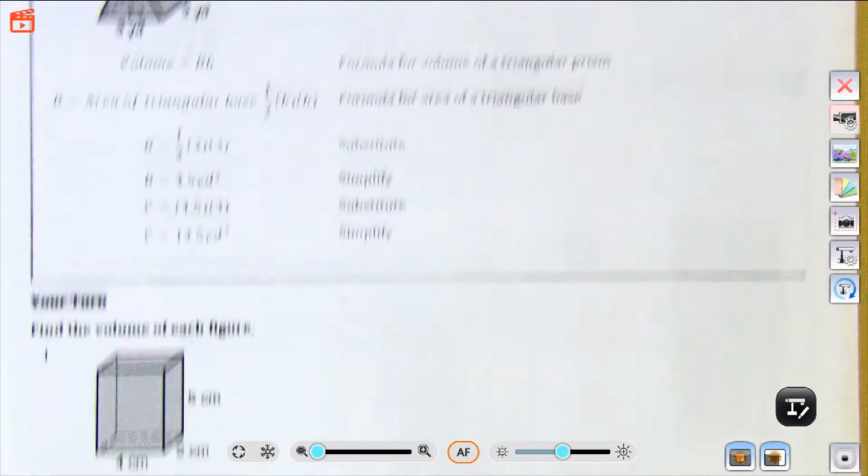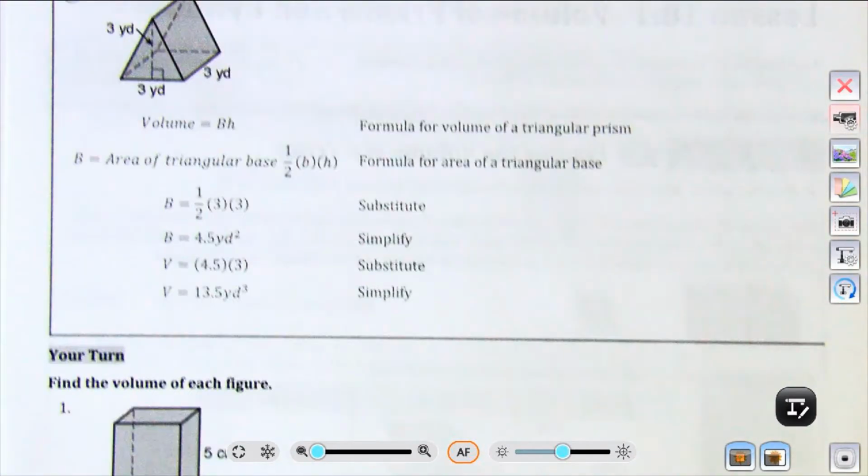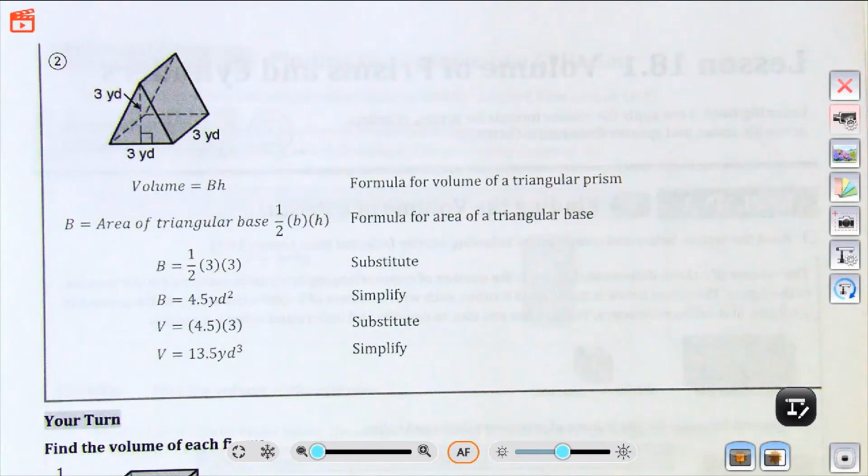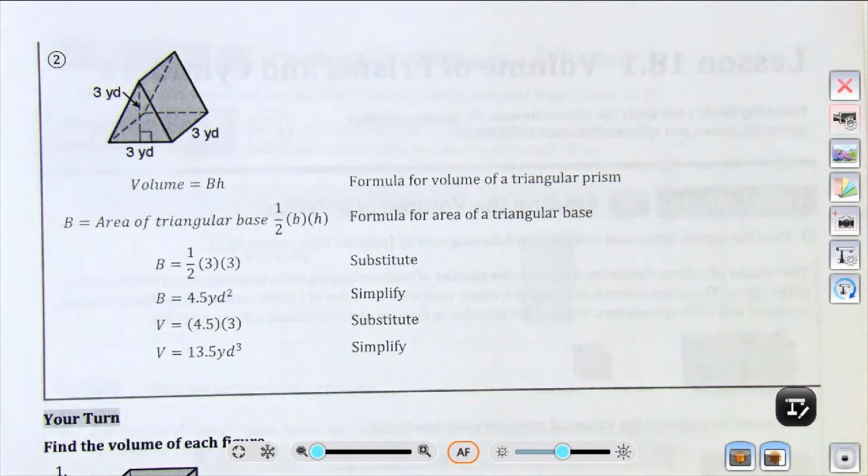Okay, now we're going to look at an example of a triangular prism. In the triangular prism, what we always want to do is find the base of the triangular prism, and the base is always going to be the triangle. So let me just write that here.